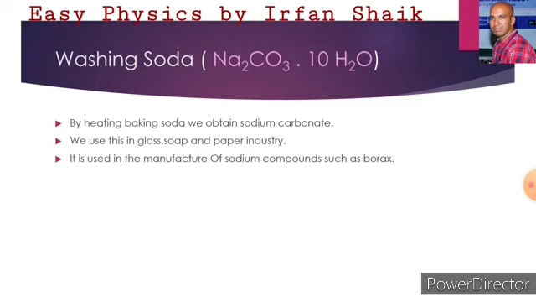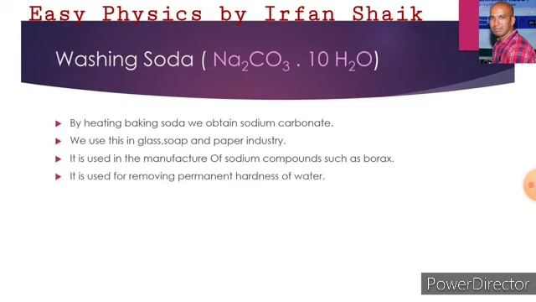Borax is a chemical compound which we use for cleaning objects, basically in laundries, to clean the stains on cloth. Washing soda is also used for removing permanent hardness of water. Water has two types of hardness, temporary and permanent hardness. To remove permanent hardness, we use this washing soda.